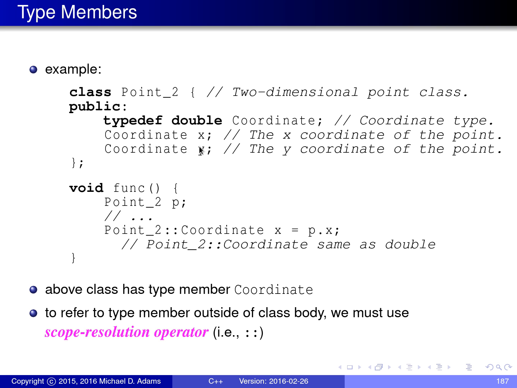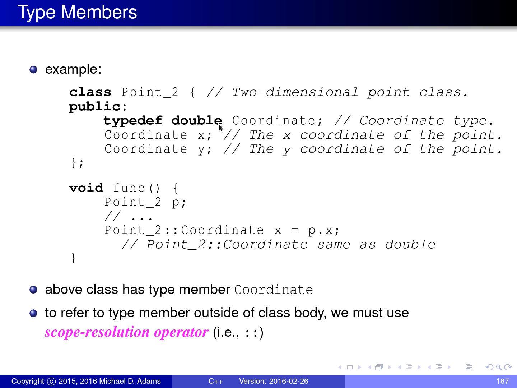But the benefit this has is that later on, for example, if you decided that you wanted to change the coordinate type to be float or long double, you only have to change one line of code instead of more lines of code. Here you just would change double to say float or long double, and then you don't have to change all of the other lines in code. If this was a much bigger class with many other lines of code where you had double all over the place, you'd have to change double everywhere else.